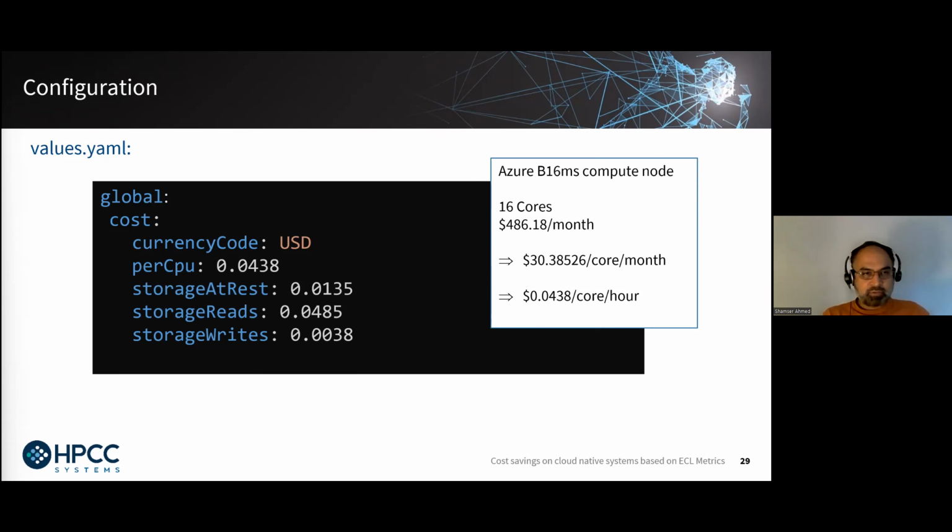And similarly, for storage writes, how much every 10,000 write operations will cost. So 0.3 cents for 10,000 write operations. So these do need to be updated to reflect the actual costs.